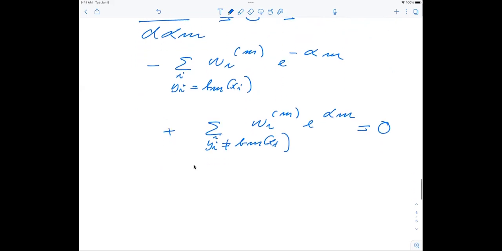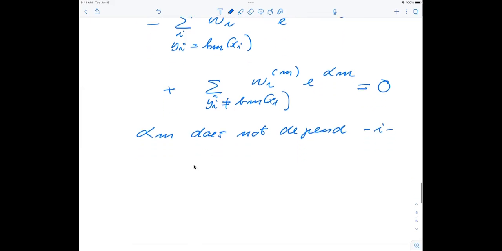Keep in mind that this parameter alpha m does not depend on the index i. So alpha m would now be the same for all the data points which we have. This is an important assumption, and that means that we can put it outside the summation on i, which is the summation variable.